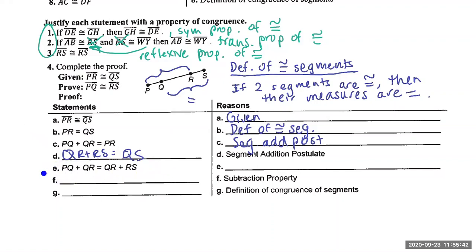Okay, so I know PR is equal to QS. How do I make that conclusion? You have PR here. You have QS here. You have PR is equal to QS.